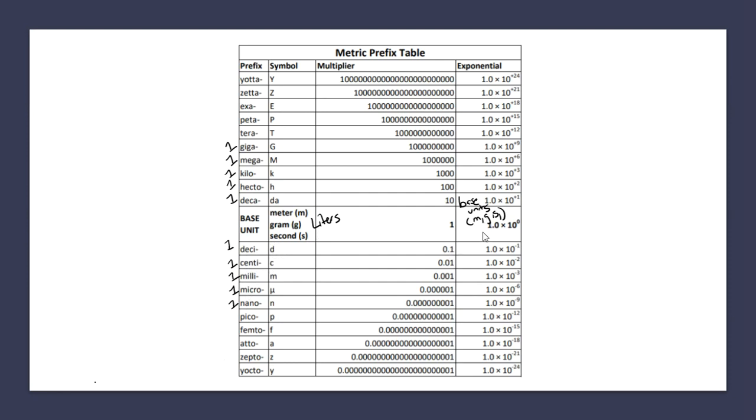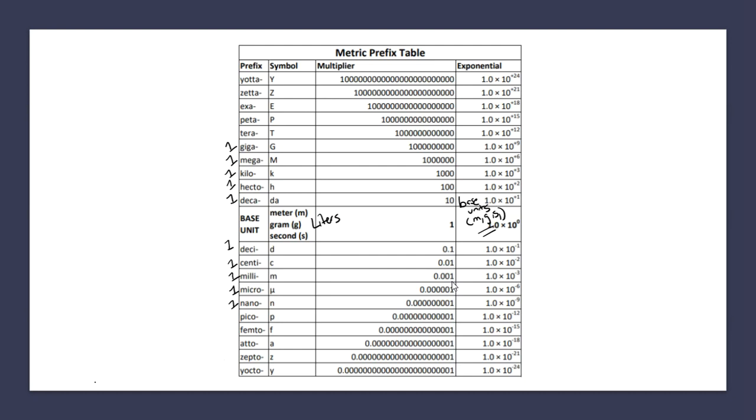After the multiplier, the base unit goes with that. 1 centimeter is equal to 0.01 meters. 1 millimeter is equal to 0.001 meters. 1 micrometer is equal to 0.000001 meters, and so on and so forth. So you can very easily use this to do dimensional analysis of any metric quantity.